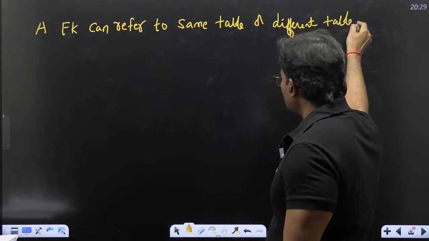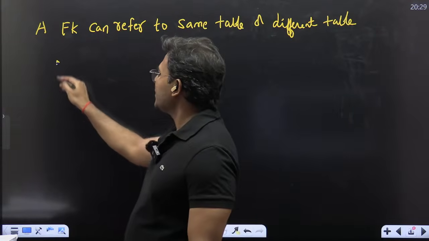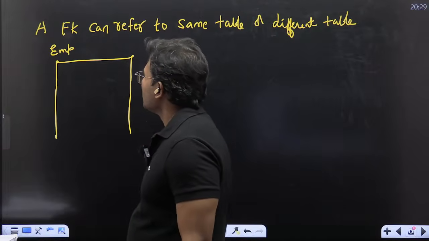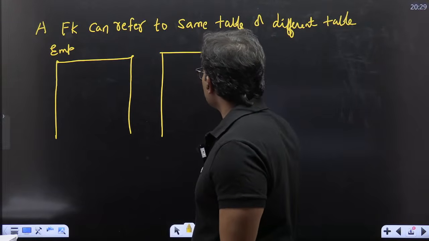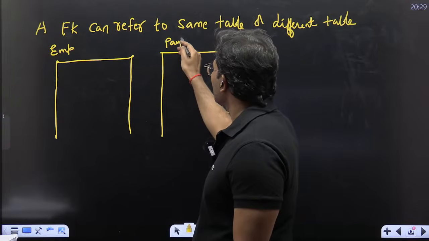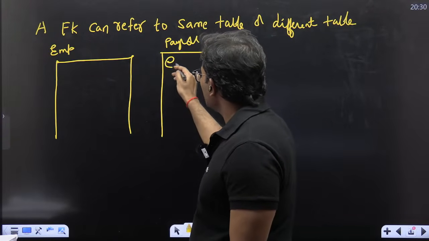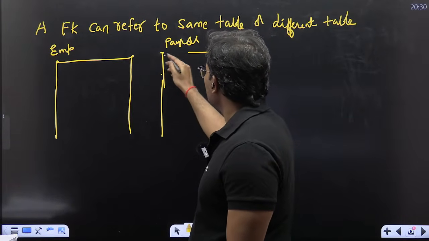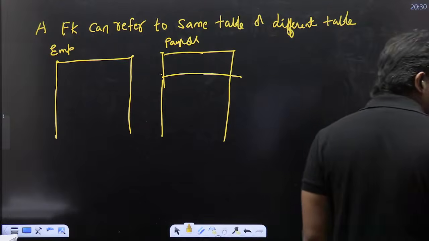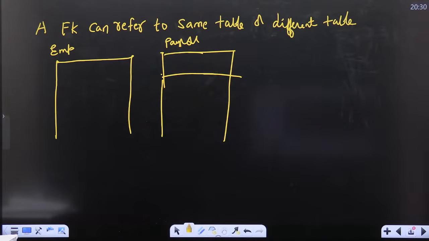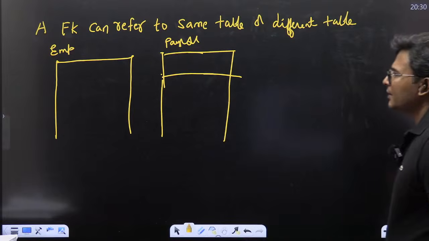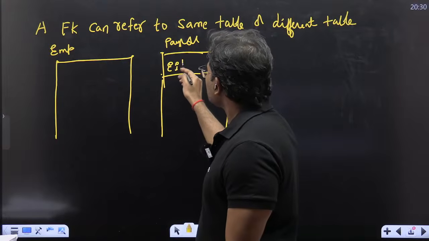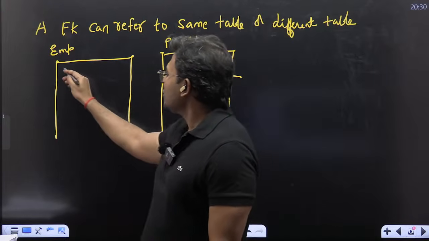I will give you a classic example for this. Let us say there is an employee table, and let us say there is a payroll table, the one that we have seen. In the payroll table there is a field employee ID, and here also we have employee ID.